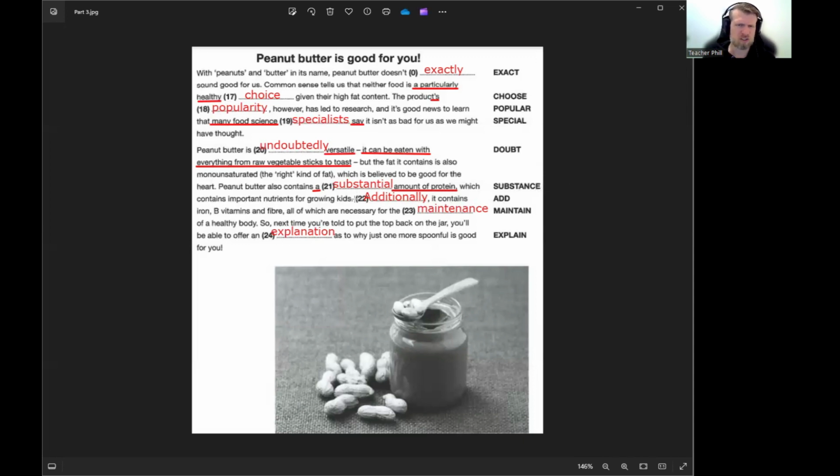In 22, because we start a sentence and there is a comma, and it says here there are important nutrients for growing kids, and then it continues and gives us more nutrients, that's why I think additionally makes a lot of sense. So often we start sentences with an adverb like this.